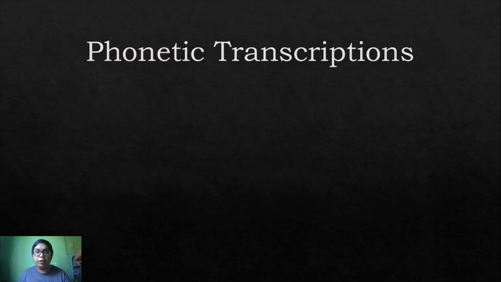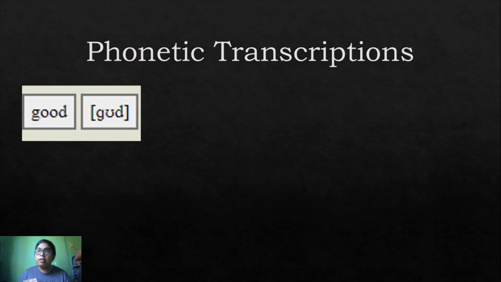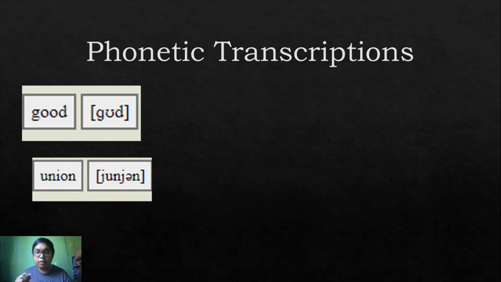Now, first of all, let's go to phonetic transcriptions. First sample here, we have the word good. Again, we don't say that as good, we say that as good. One more time, good. Next, this is union. Again, union.